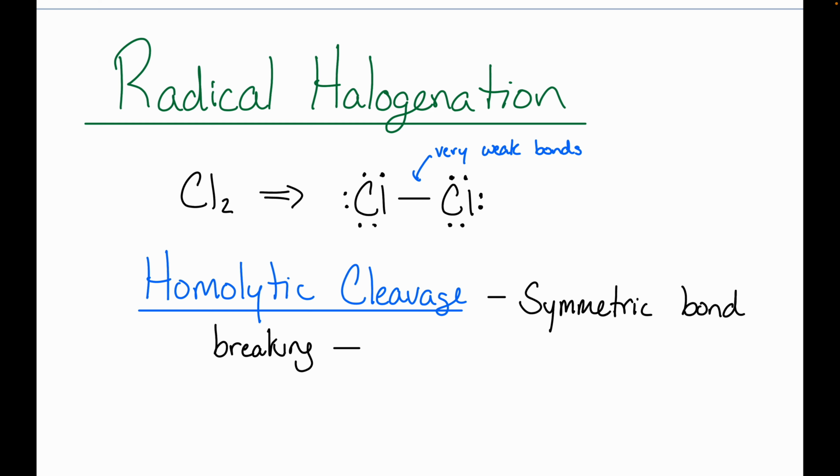And if a bond is going to break symmetrically, a bond consists of how many electrons? So if this bond is going to break symmetrically, that means 1 electron goes over here and 1 electron goes over here, right? So in a homolytic cleavage, each atom gets a single electron.